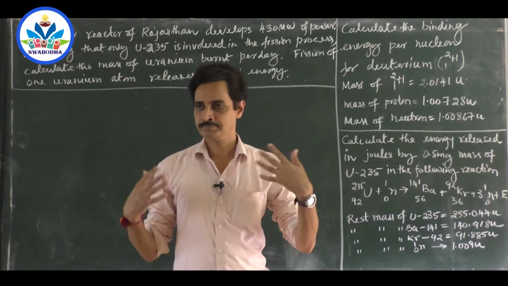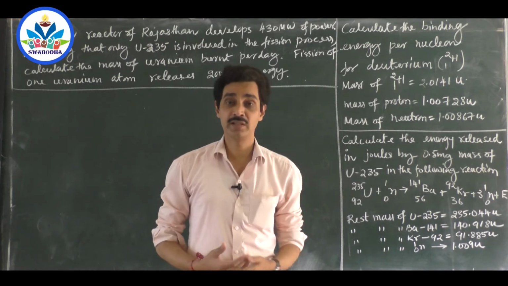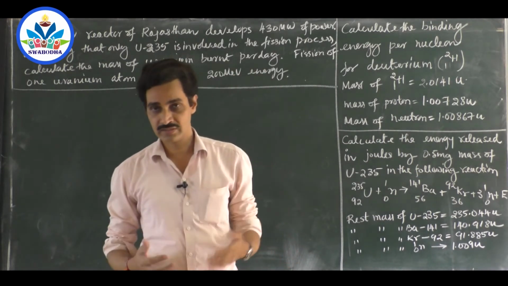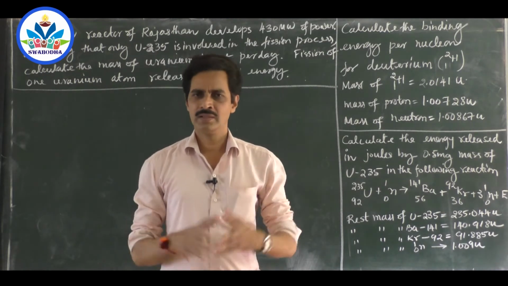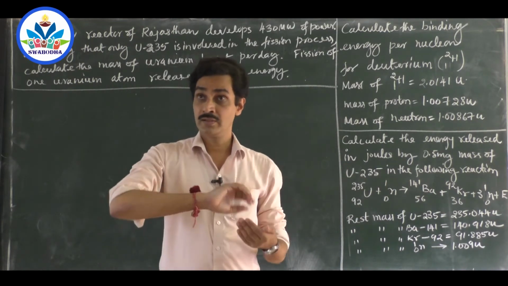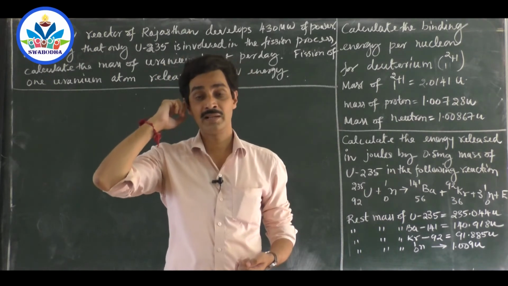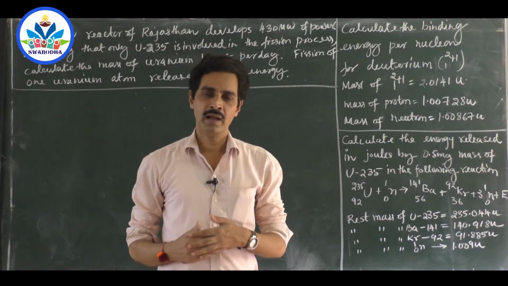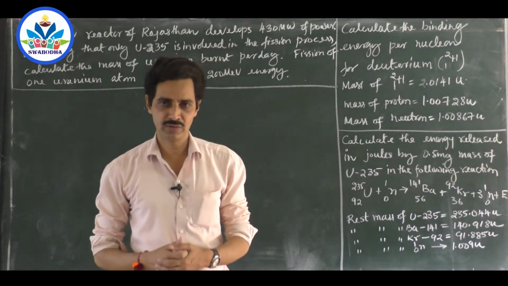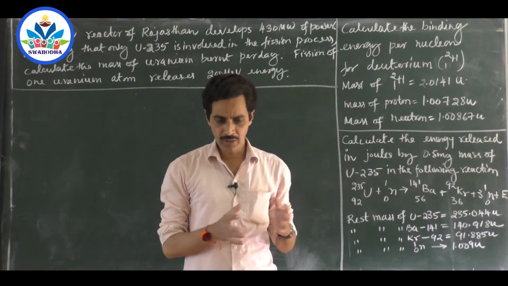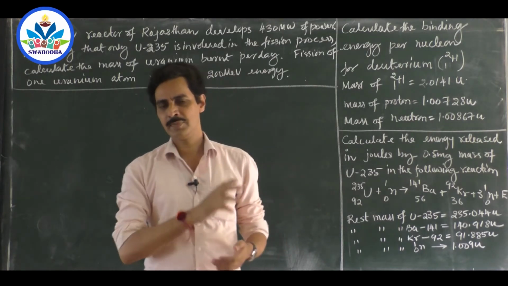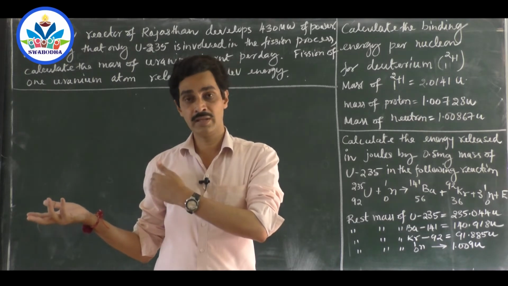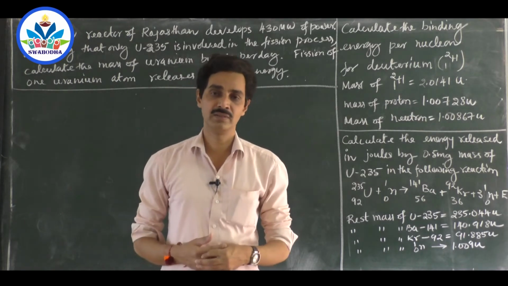We saw binding energy per nucleon, and if binding energy per nucleon is more, then the nucleus is very stable. We drew binding energy per nucleon versus mass number, and found that some elements have very less binding energy per nucleon. They are very unstable. So smaller elements which have less mass number combine together to form a heavier nucleus. Similarly, the heavier elements split to form lighter nuclei.